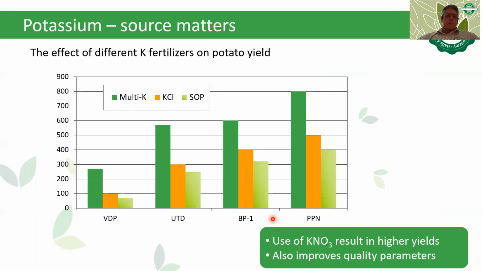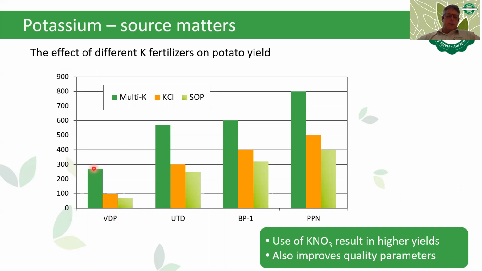If we look at potassium as a source that matters, again, these are 4 different varieties of potatoes, and this is grams per plant that is being yielded per plant. And you can see the green bar is Multicote, which is potassium nitrate. The orange is potassium chloride, and the light green here is sulfate of potash.